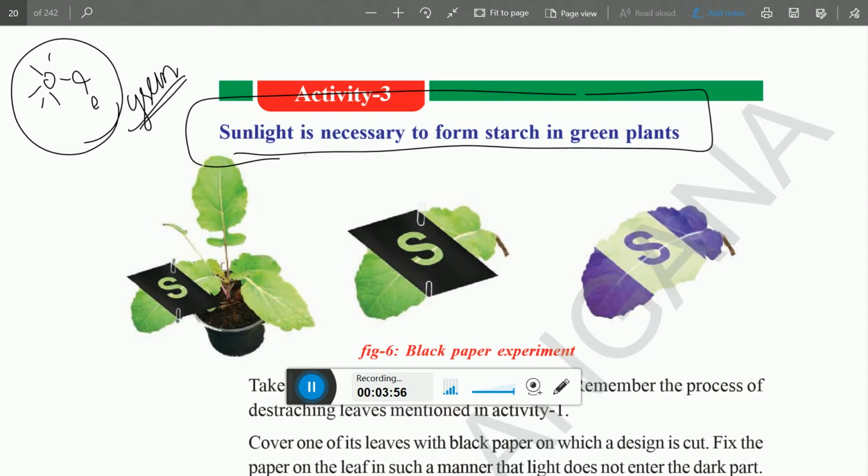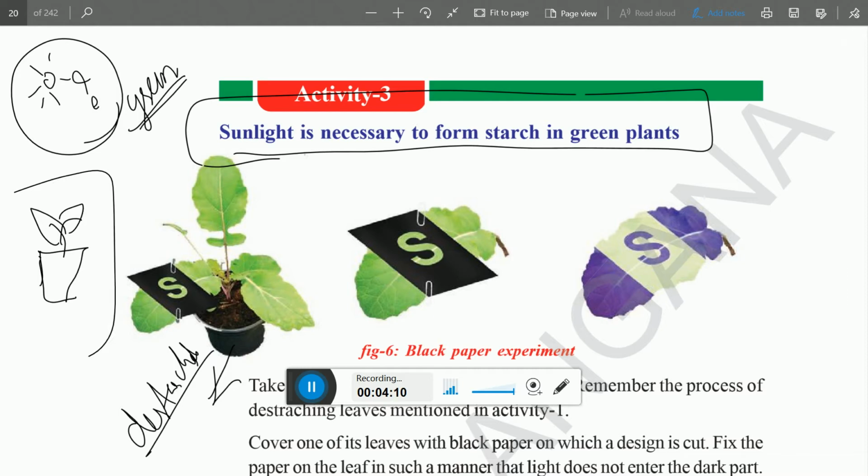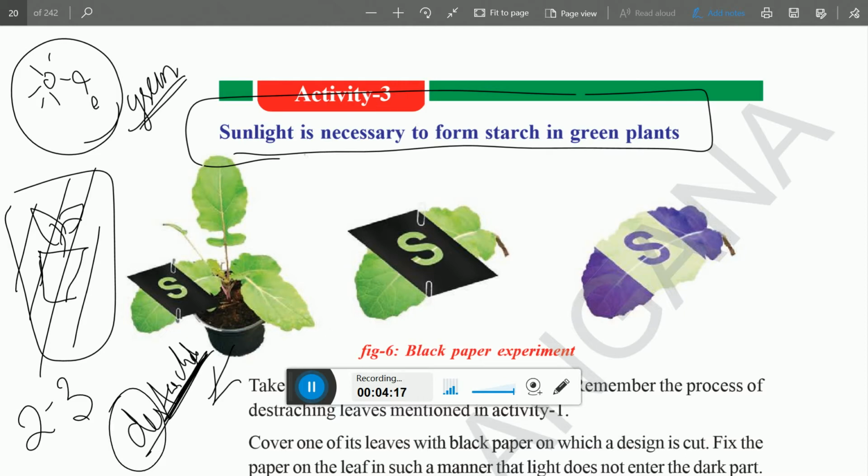First, after destarching is completed, we will take this destarched plant, and then we will take one neat variegated green leaf such that no damage is present. Then we will take one black paper, the black chart we use for science fair experiments, and cut any letter in this form.